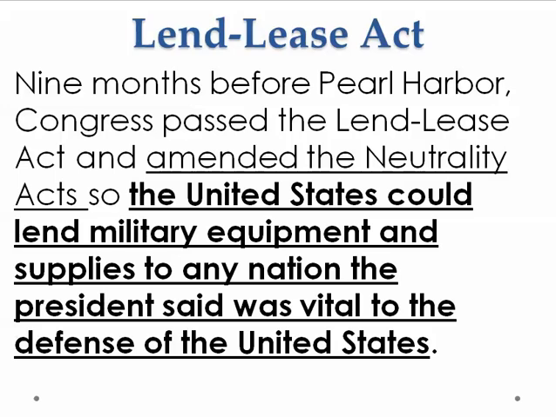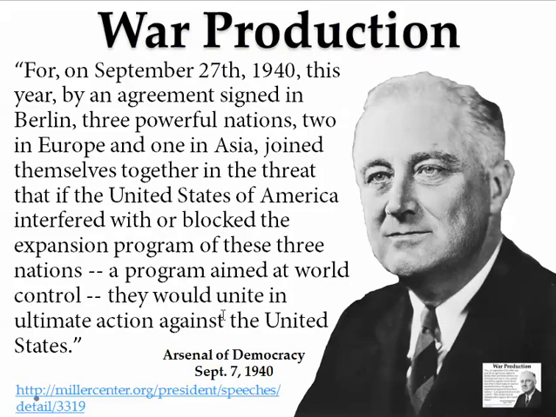Let's hear what he had to say. Here's an address from September 1940. This is even before the Lend-Lease Act was passed, about a year before. Let's listen to why he says we need to send aid to Great Britain.